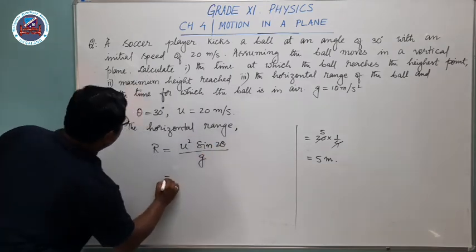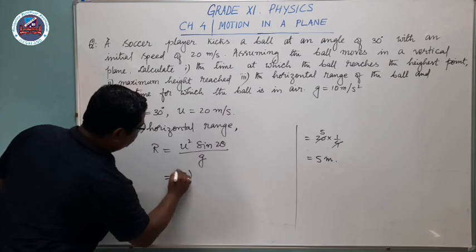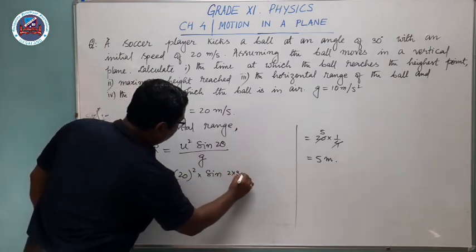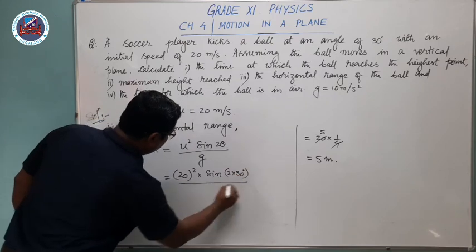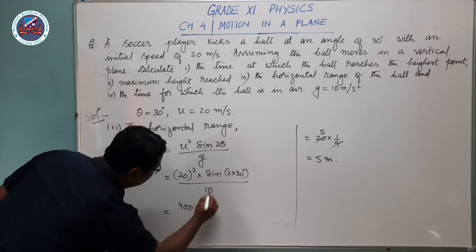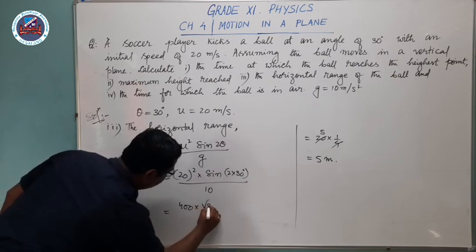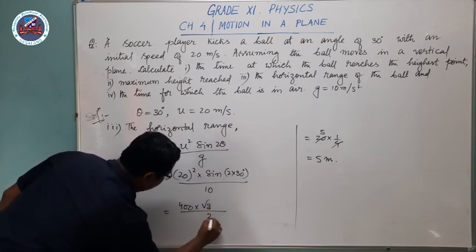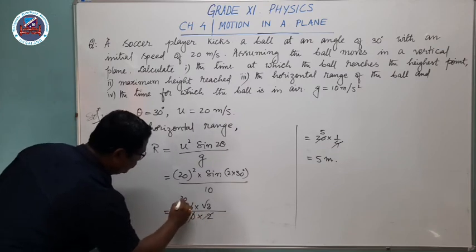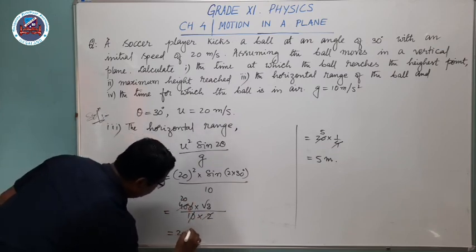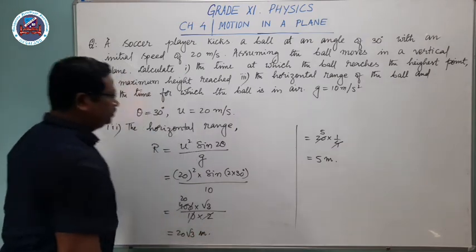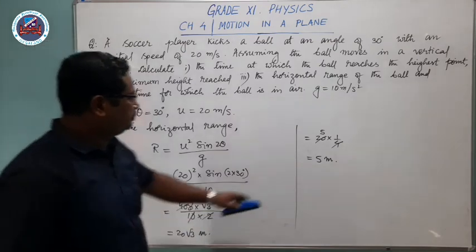So put it here, u square, 20 square, into sin 2 into 30 degree, divided by g which is 10. So it will be 400 into sin 60 degree, which is root 3 by 2, into 10, 2 20s are 40, 20 root 3. Range will be in meters, and write it as 20 root 3 meter.